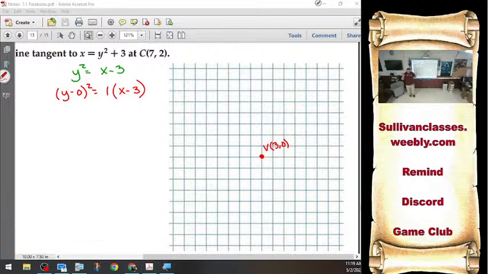Is that up, down, right, or left from that? I'm just throwing it in the middle of the graph, so that I got room on all sides to make my parabola and this line. 7, 2. Up, down, right, or left? Right and up. 7, 2. 1, 2, 3, 4. 1, 2. There's my contained point, 7, 2. I should probably move it down here.